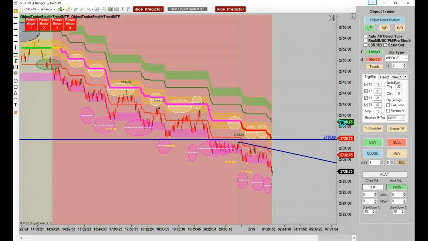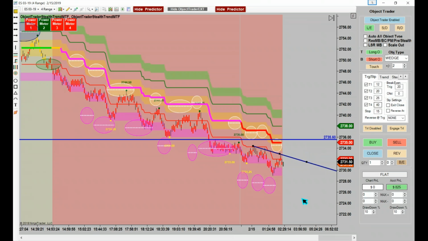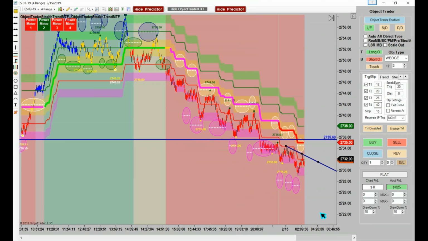We'll go either way, box it in or a trend line break. I'm only going to go for 12 though, because this is definitely a downtrend.